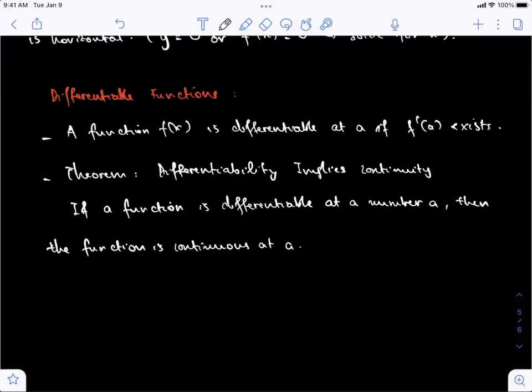So this is just a one direction statement, right? If a function is differentiable at the number a, then the function is continuous at a.